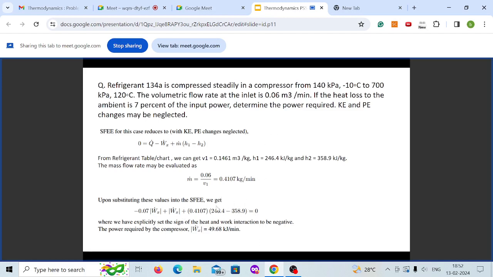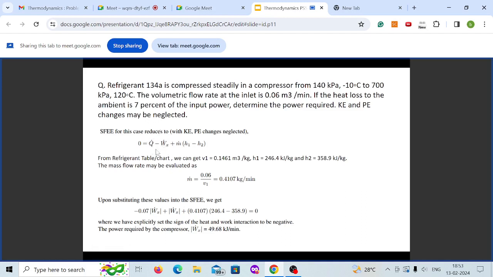So is this clear? The first thing is you have to find out the mass flow rate. Once you have found the mass flow rate, you can find the enthalpies and substitute there, and for Q they have already given a fraction of 7% of the work done. So this will be 0.07.